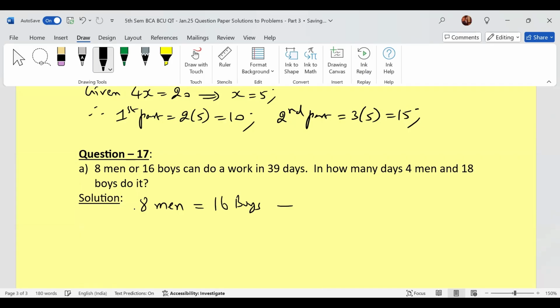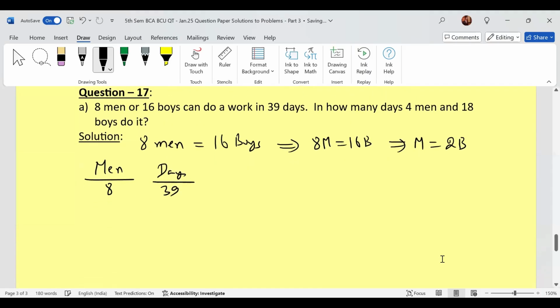Or simply we can say 8m is equal to 16b, which means that 1m should be 2b. Now, they gave 8 men, and then days is given as 39. In how many days, 4 men.